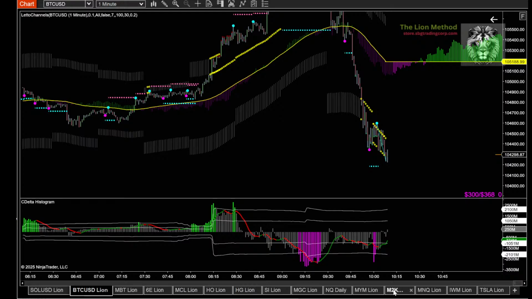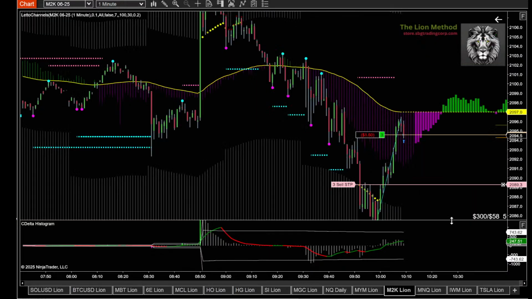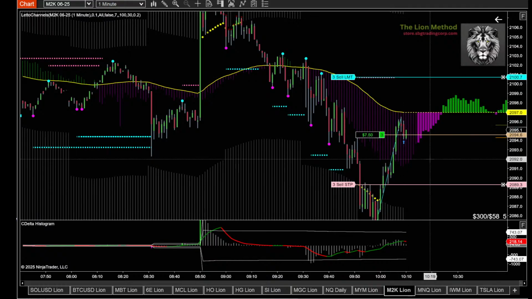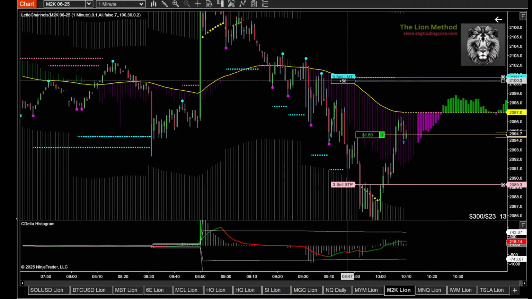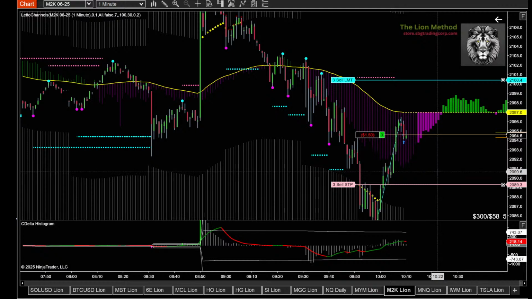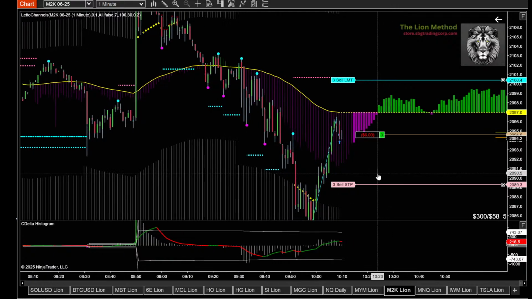What was that on? Okay, so we're long on the Russell. Let's go 3. Up a little short of that target. We are long in the Russell based on that breakout.